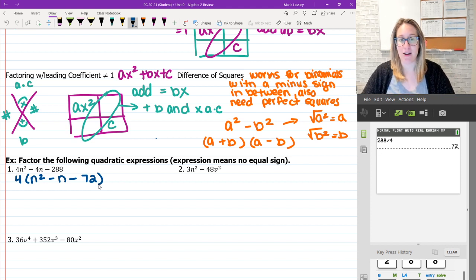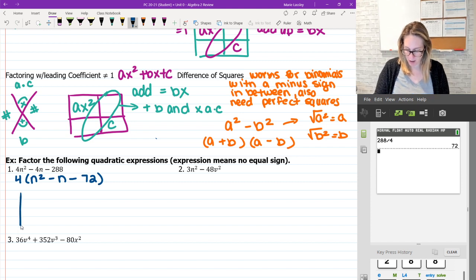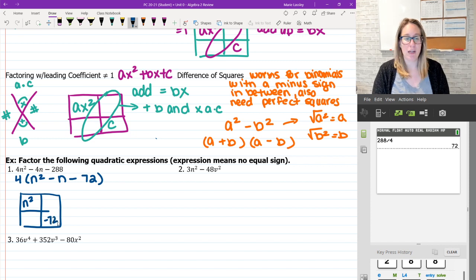Now, next I have to look and see what else I can do. If I look at my n squared minus n minus 72, I notice that I have a leading coefficient of 1. There's a 1 in front of the n squared, which means I can just use that box method, which is what I'm going to do. So I'm going to draw my box. I'm going to put my n squared in the top corner and my minus 72 in the other corner.